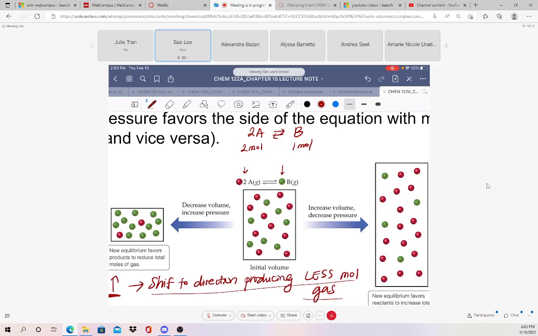The direction to have 1 mole of B, or the direction of 2 moles of A? The answer is the direction to have 1 mole of B, because then your container will have less mole of gas and be less crowded. The increased pressure is then relieved.